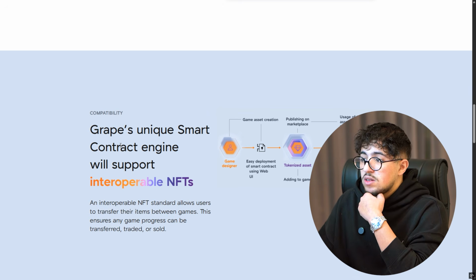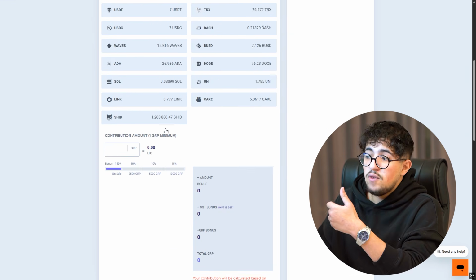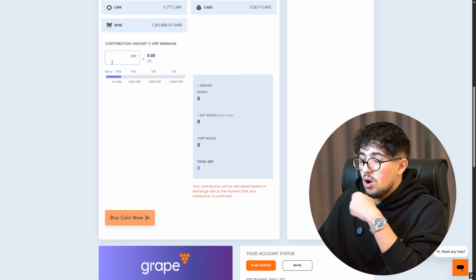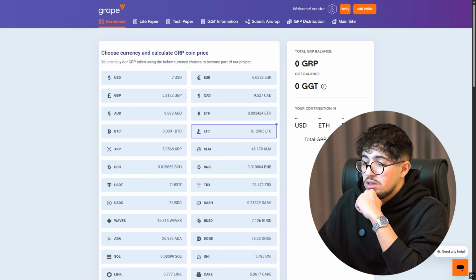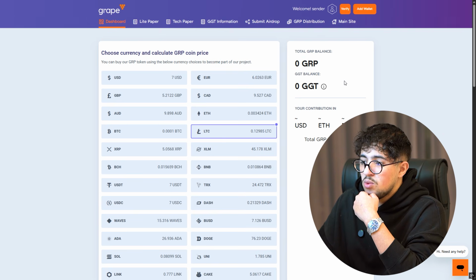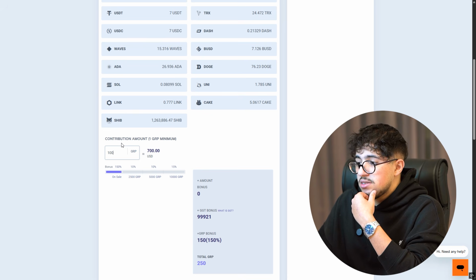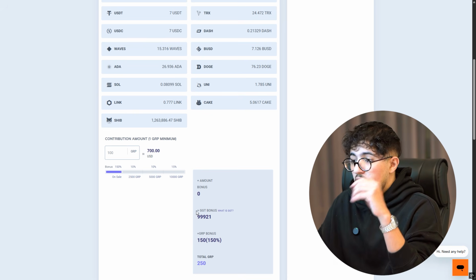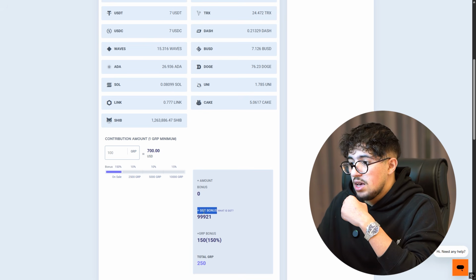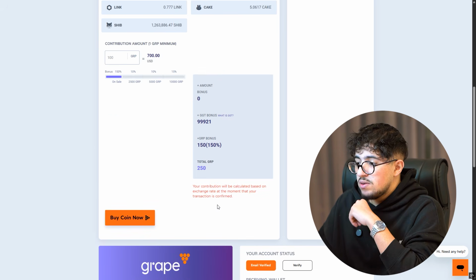So now let's talk about the token structure. The Grape ecosystem actually runs on two tokens. The first is GRP, the Grape token. It is the utility token used for things like builder usage, network activity, and ecosystem operation. One interesting thing about GRP is that the circulating supply is extremely low, around only 2 million coins. The second token is GGT, which acts as the governance token.